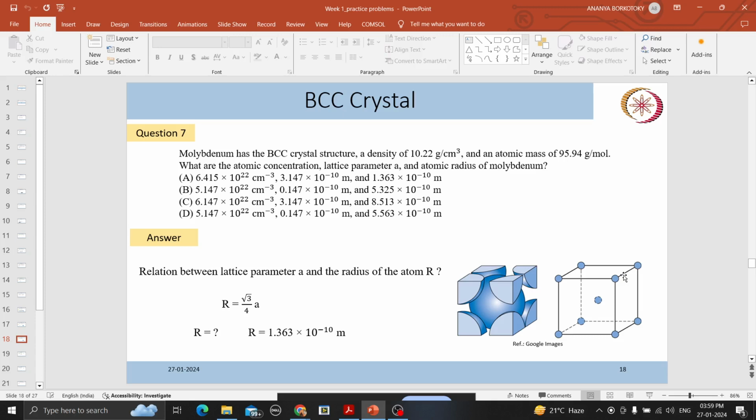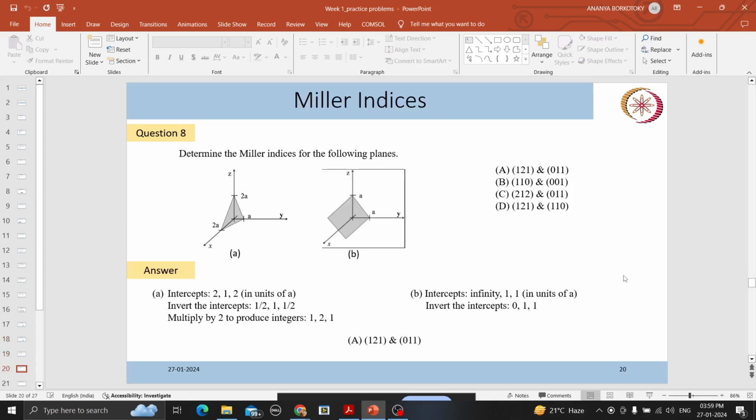Sir has explained in the videos the etching in the 111 plane of silicon and the 100 plane in silicon, so the properties are different based on the atomic density, right? So that is why we define these planes, and that is useful to interpret the properties of different materials.